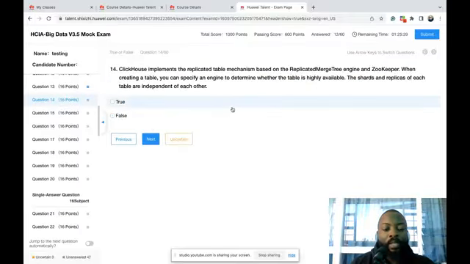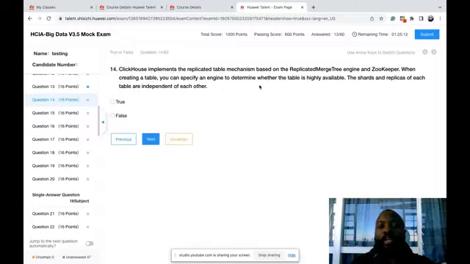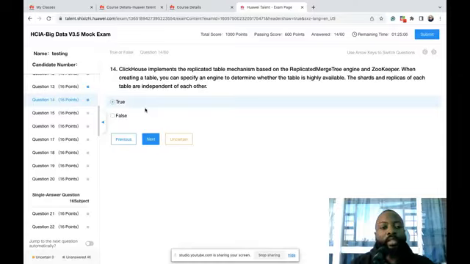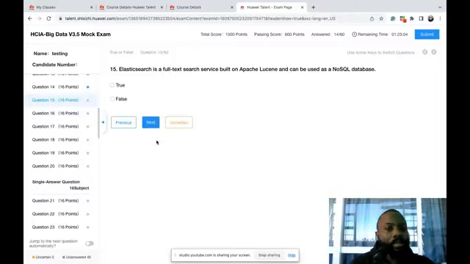ClickHouse implements the replicated table mechanism. Yeah, that is true. And with ZooKeeper, when creating a table, you can specify an engine to determine whether the table is highly available. Yeah, that is true.